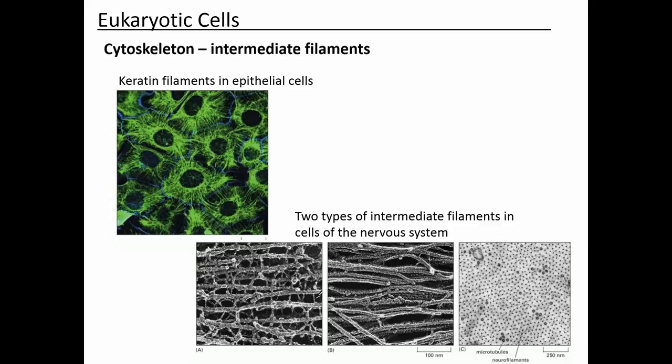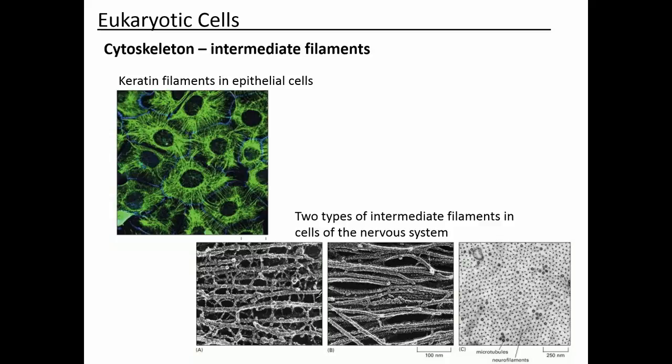That long extension called an axon contains intermediate filaments. This is looking at the intermediate filaments inside an axon, and they provide that tubular extension with strength. So that's really all you need to know about intermediate filaments.